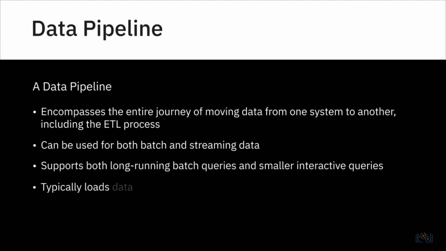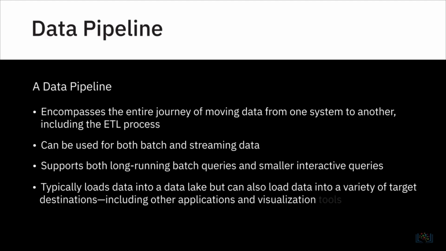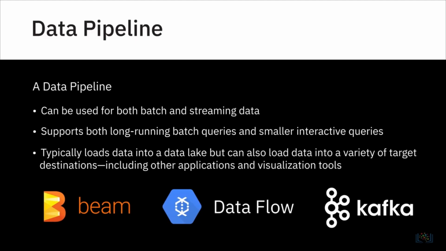The destination for a data pipeline is typically a data lake, although the data may also be loaded to different target destinations, such as another application or a visualization tool. There are a number of data pipeline solutions available, most popular among them being Apache Beam and Dataflow.